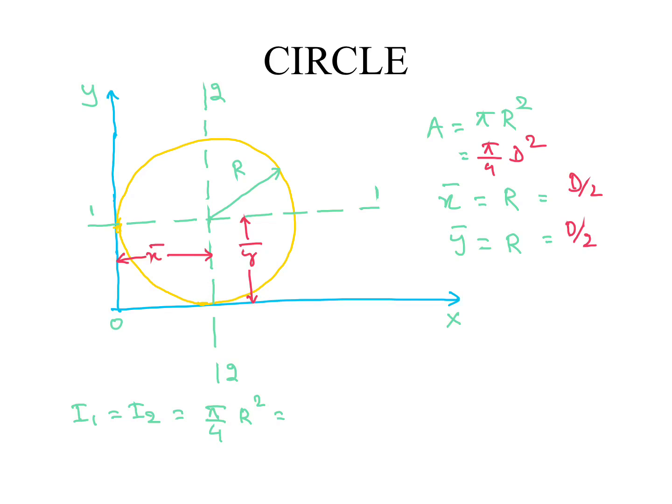Then I11 and I22 moment of inertia, its value is pi by 4 r to the power 4, or pi by 64 d to the power 4.